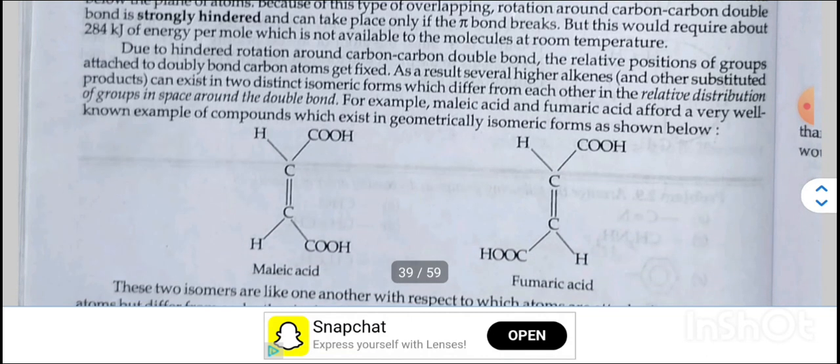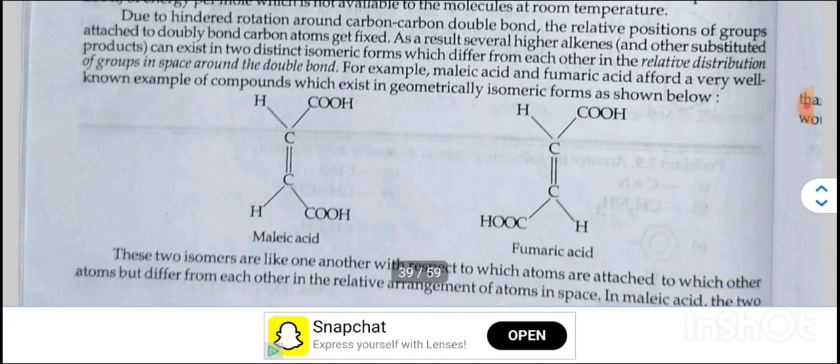Due to hindered rotation around the carbon-carbon double bond, the relative positions of groups attached to the doubly bonded carbon atoms get fixed. As a result, several substituted alkenes can exist in two distinct isomeric forms which differ from each other in the relative distribution of groups in space around the double bond.